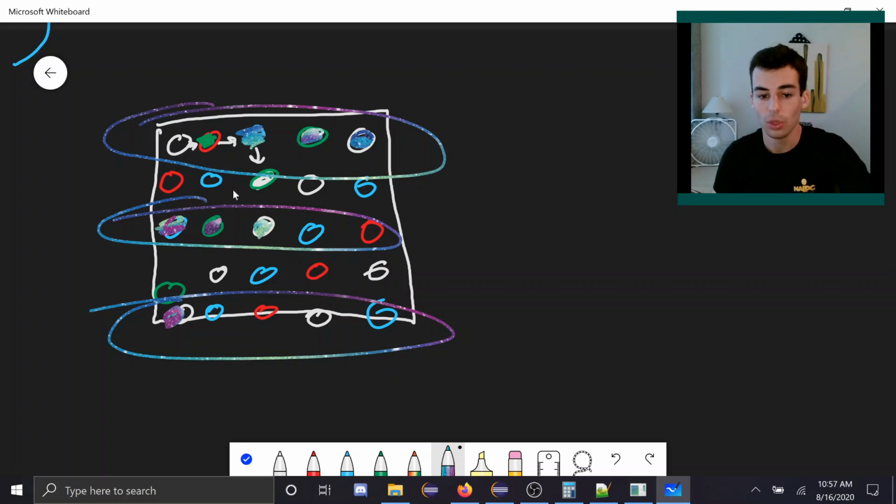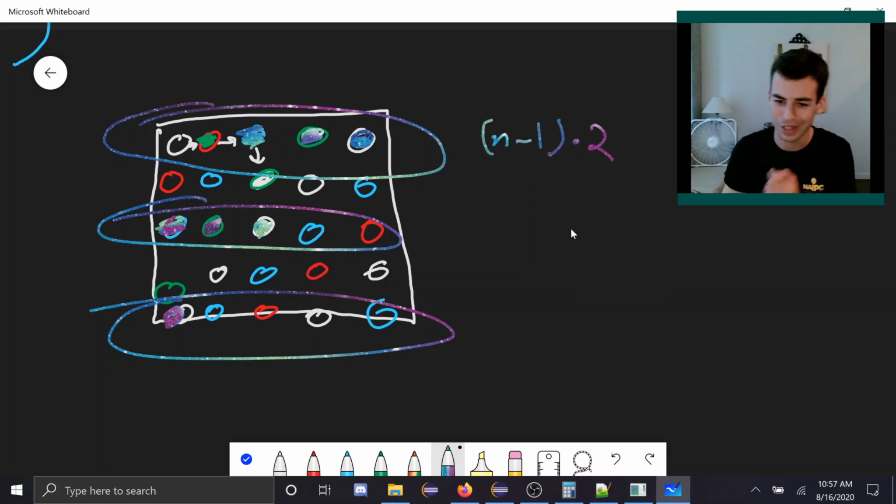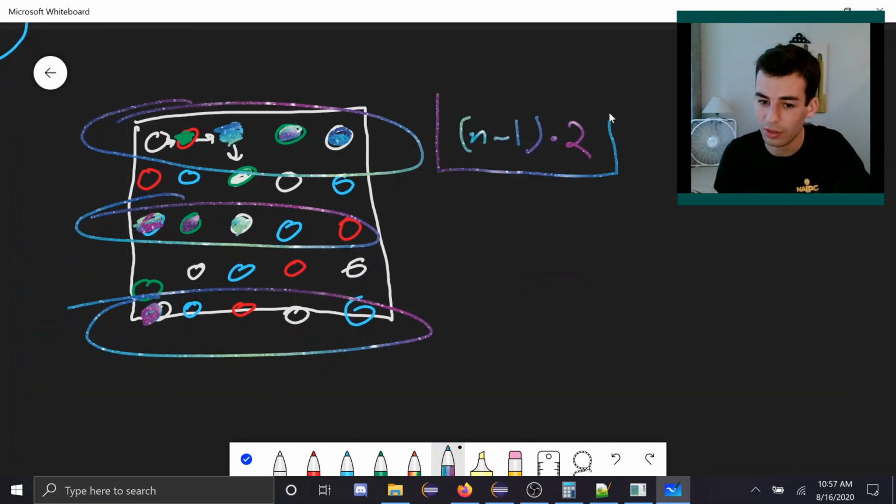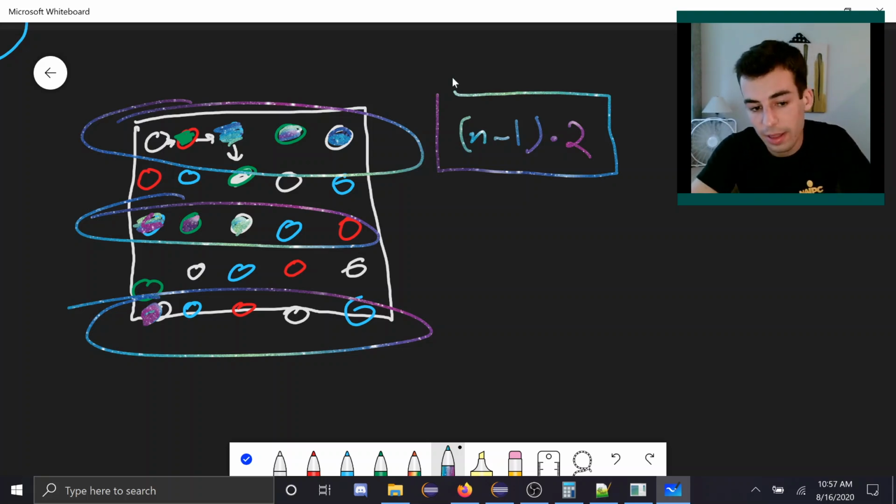Each column will have a different power of 2. So the total number of powers of 2 that we'll use will be n plus n minus 1, or I guess it'll be n minus 1 times 2, really. It's kind of weird writing in the stars. It's hard to see. But yeah, the biggest number in the array will be that. And yeah, that's the idea.